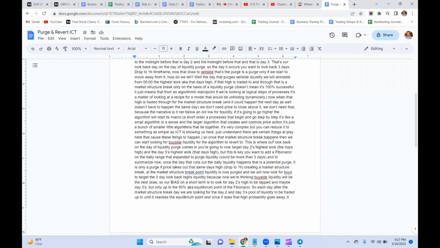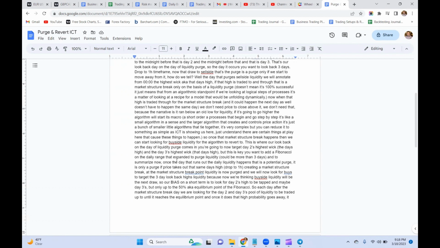Once that market structure break happens, then we can start looking for sell side liquidity for the algorithm to revert to. This is where our look back on the day of liquidity purge comes in. You're going to now target day two's lowest wick, the day's low, and day three's lowest wick, that day's low. But this is key. You want to add a Fibonacci on the daily range that expanded to purge liquidity. Could be more than 3 days.